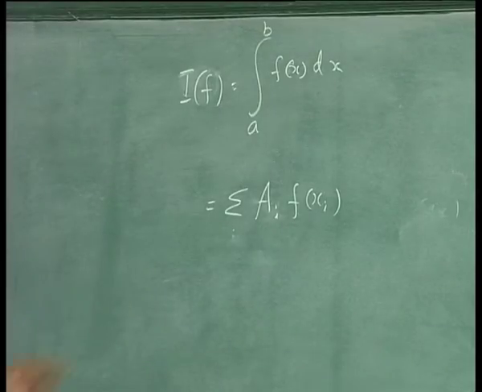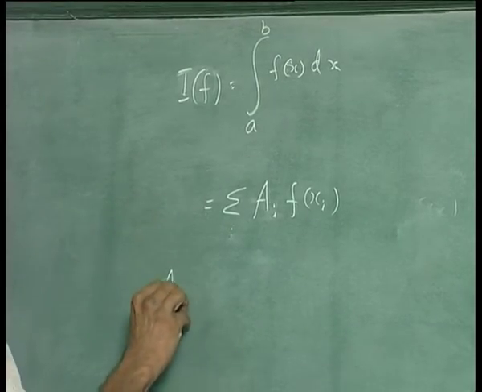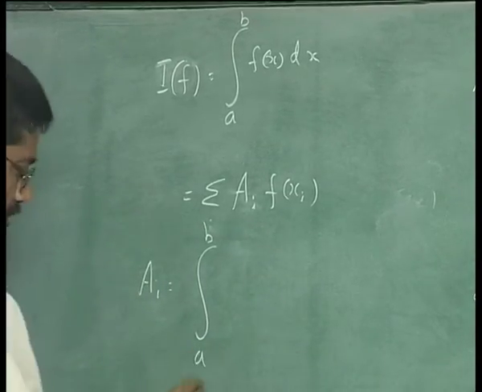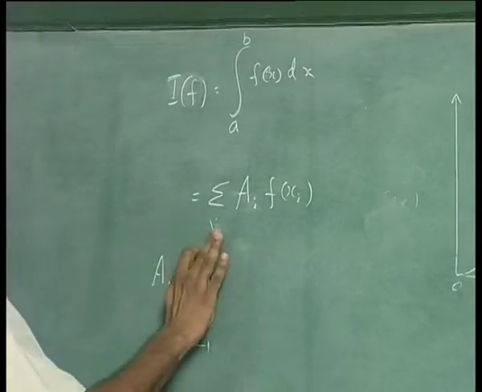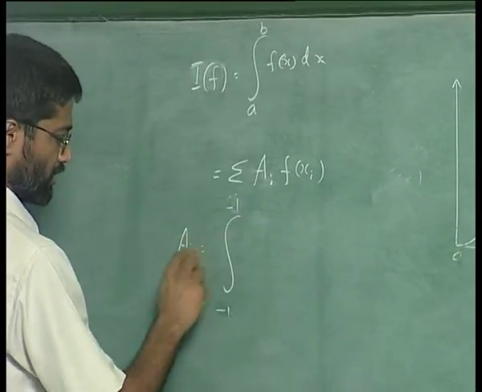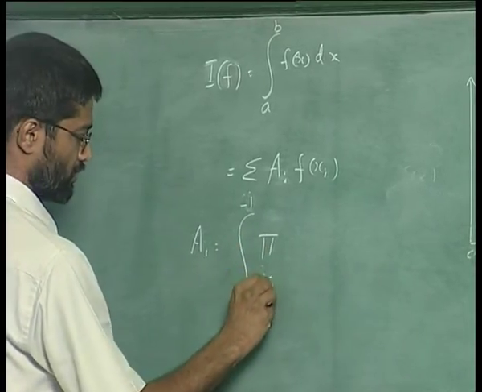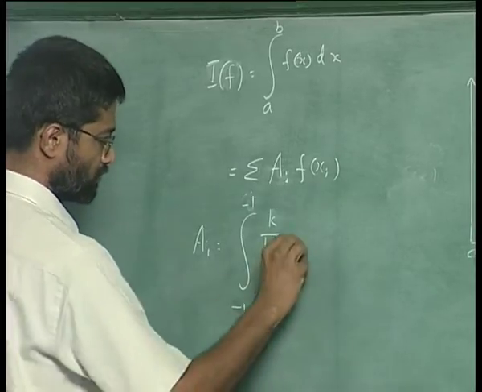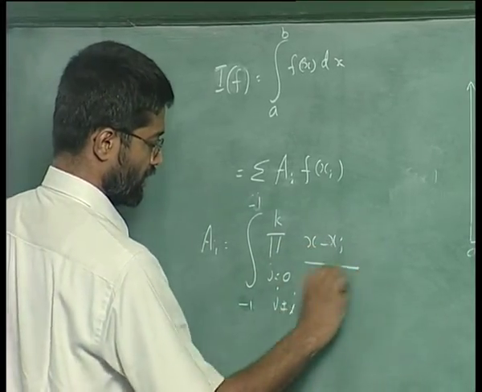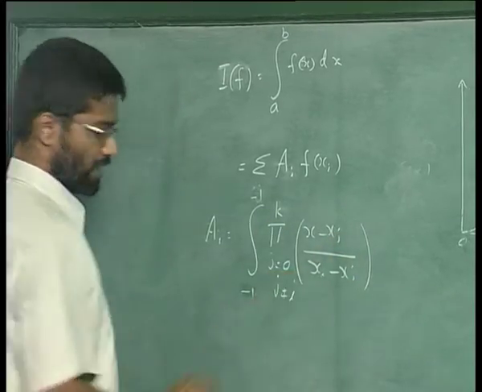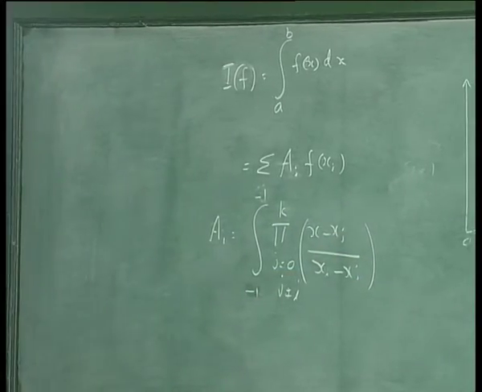So what we have seen so far is that we can write it in this form, and we said a_i is given by the integral from a to b, or in this case, if we converted the limits, from minus 1 to plus 1, of the product over j going from 0 to k, j not equal to i, of (x minus xj) divided by (xi minus xj), dx. Okay, that's the weight which we have to compute.